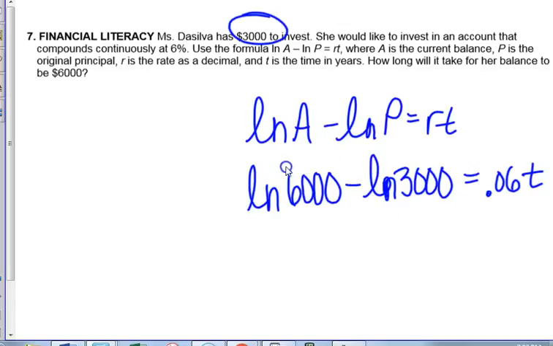The only thing to know is when you put this in your calculator, you do have to close the parenthesis because it brings up an open parenthesis there. And after you've typed all that left side in, you're going to need to do what? Divide by 0.06. So grab your calculator, type in ln of 6,000, close parenthesis, minus ln of 3,000, close parenthesis, enter, and then divide by 0.06 to get the T by itself.